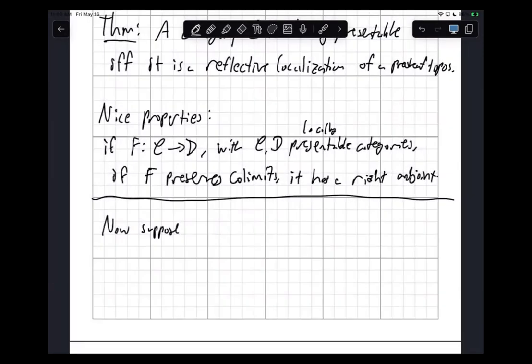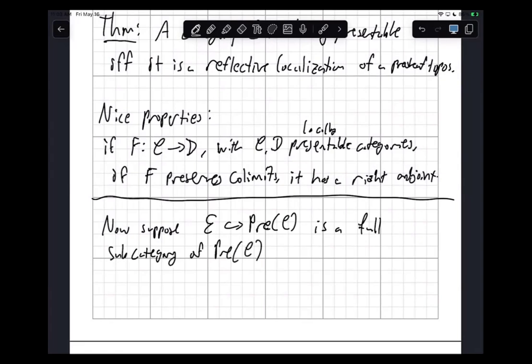Now, suppose E is a full subcategory of a pre-sheaf topos, and furthermore, it's a reflective subcategory.